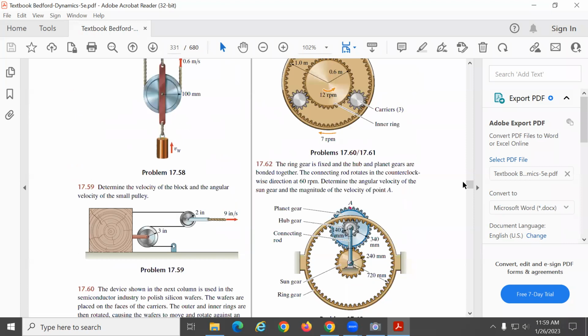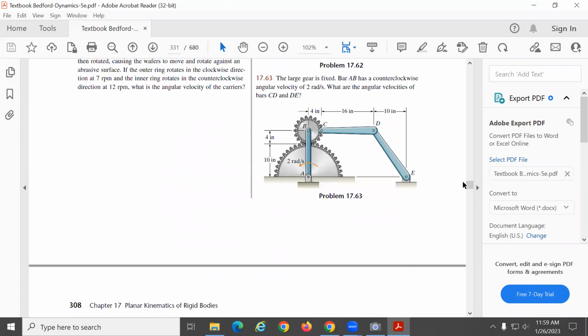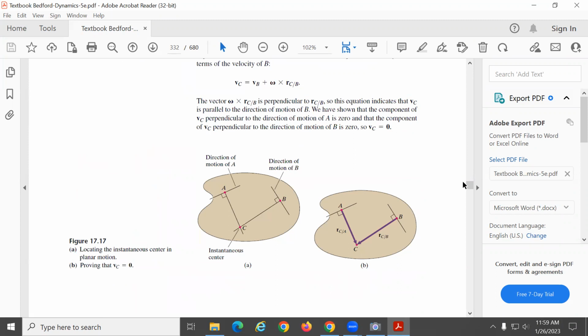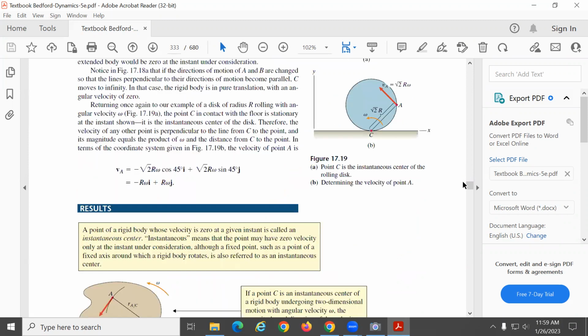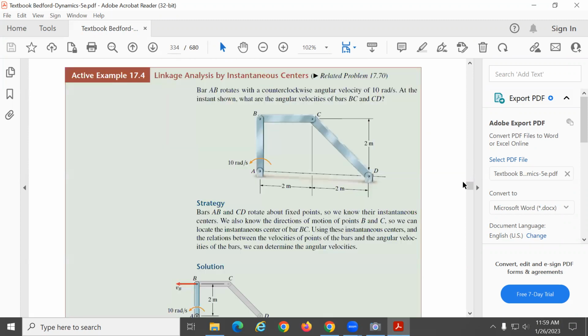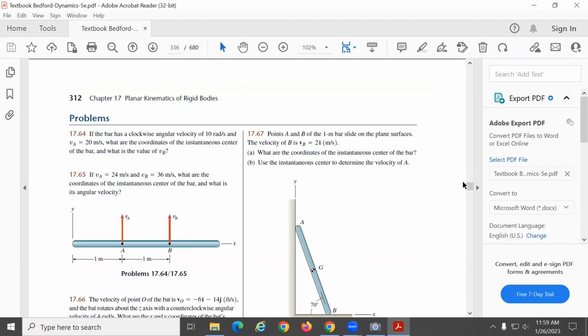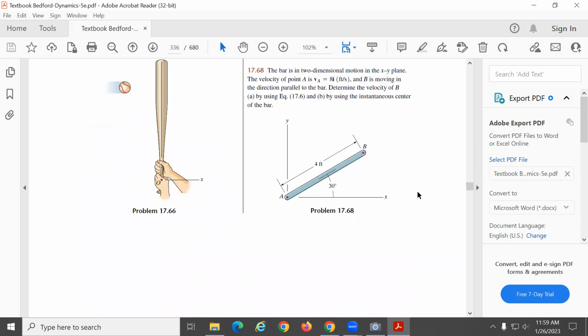You see, you can have this type of problems as well. But this one is just velocities. So here you have instantaneous center. Basically, they will be saying about the same thing. So here you see the problem of the ladder. It's typical for this instantaneous center.